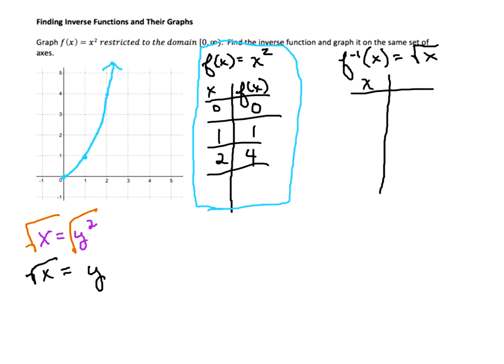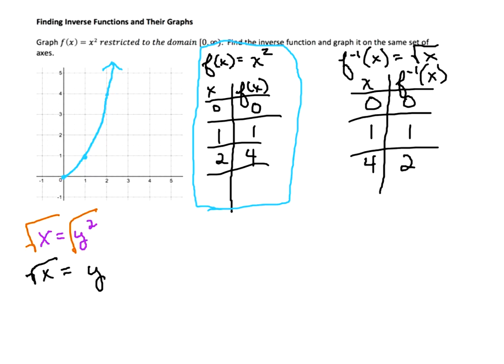And so the nice thing is I don't really have to do any work to create my f inverse of x table. I just flip-flop my f of x table. So 0, 0 flip-flopped is 0, 0. 1, 1 flip-flopped is 1, 1. 2, 4 flip-flopped is 4, 2.